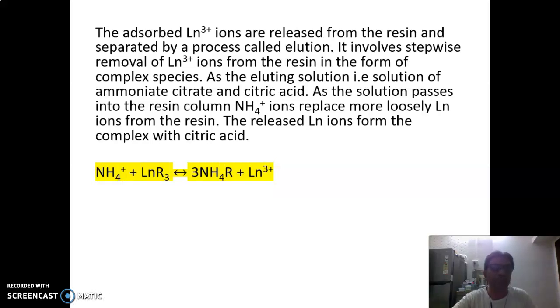In the first step, when we add the equimolar solution of lanthanon ions to the resin column, the lanthanon ions get attached to the resin column. In that case also there is a cation exchange process.